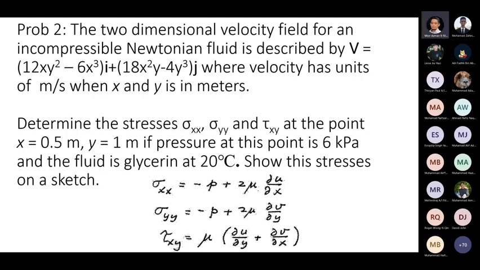Problem 2: a two-dimensional velocity field of an incompressible Newtonian fluid is described by the velocity V, with i and j components, where velocity has units of meters squared and x and y are in meters.